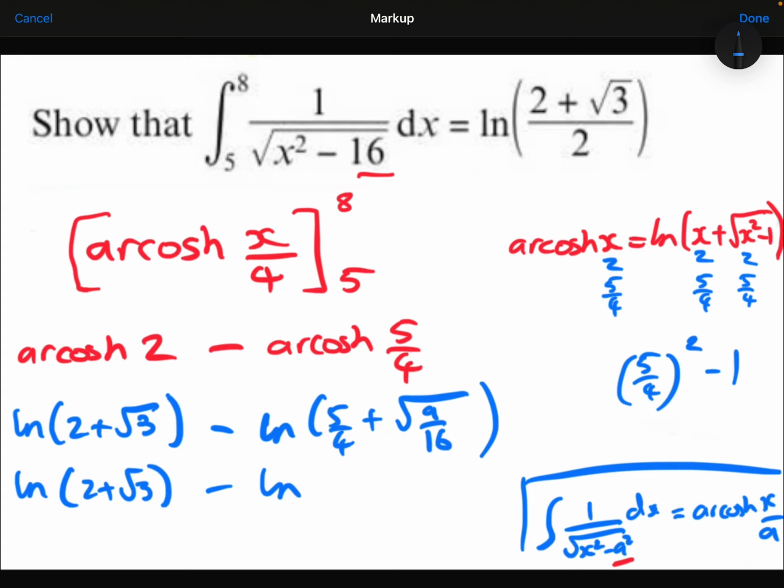And now I can use my laws of logarithms to bring these two things together in the required form.